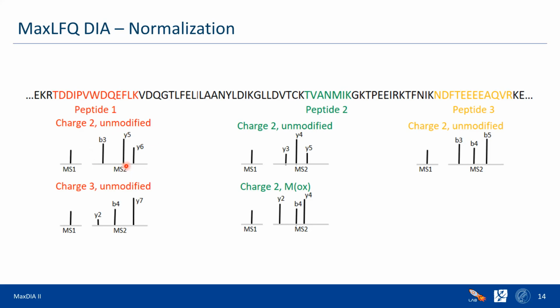And for this example, we are focused on the top 3, but I will make a very important comment about exactly this number, top 3, soon. For now, we have intensity on a peptide level on the first MS, and we have 3 intensities for 3 different fragments on the second MS. And this is for peptide 1 charge 2, charge 3 for peptide 2, modified, unmodified, and peptide 3, unmodified. So what are we going to do next?